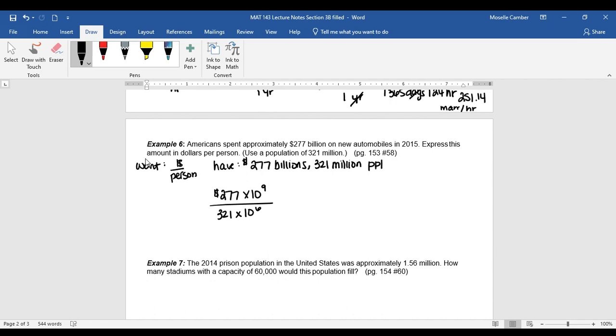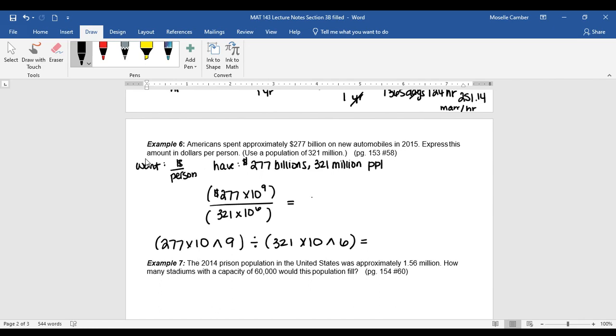Now, if you're going to put this in your calculator all at once, make sure you put parentheses around the numerator and denominator, especially the denominator. Otherwise, it's going to divide by 321 and then multiply that answer by 10 to the 6th, instead of doing the multiplication on the bottom before dividing. So you'd put in parentheses 277 times 10, caret 9, parenthesis, divided by, parenthesis 321 times 10, caret 6, parenthesis, and then equals.